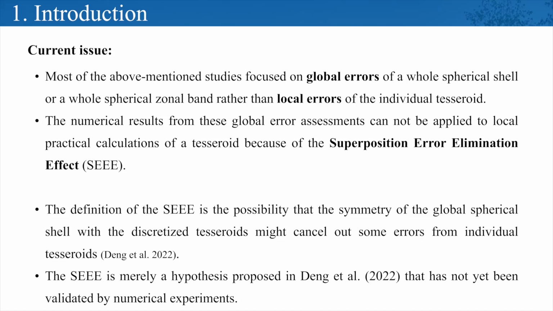The superposition error elimination effect means the possibility that the symmetry of the global spherical shell with the discretized tesseroids might cancel out some errors from individual tesseroids. This SEEE is only a hypothesis that has not yet been validated by numerical experiments.